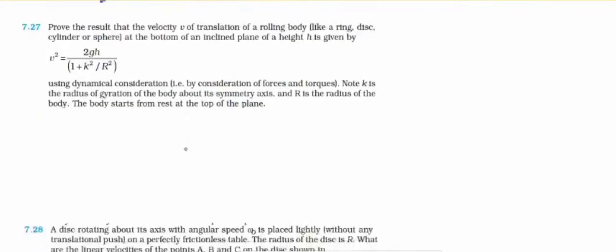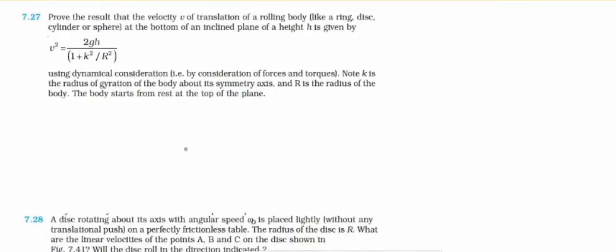Then next, question 27. Prove the result that the velocity v of translation of a rolling body for a height h. You are asked to prove this result.